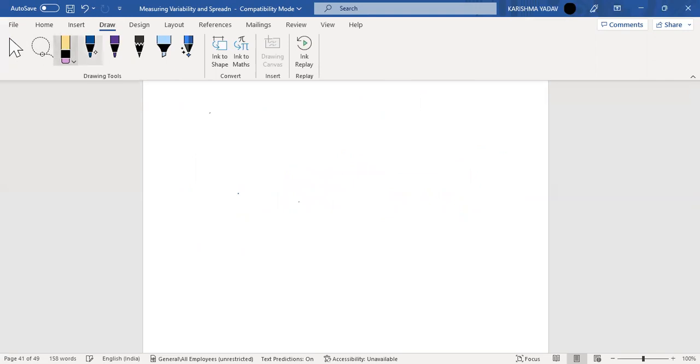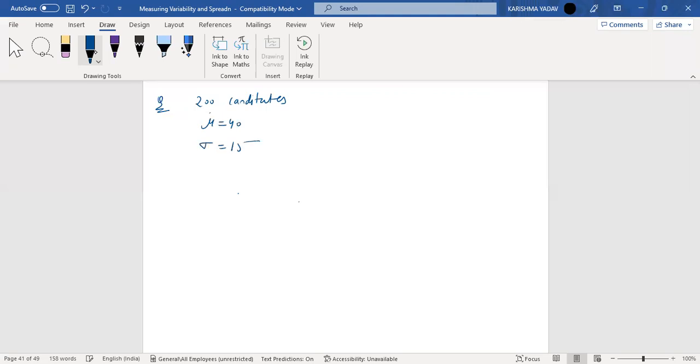My next example is for a group of 200 candidates. The mean and standard deviation of scores were found to be mean 40 and standard deviation 15 respectively.